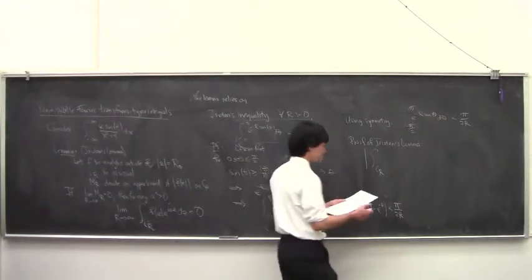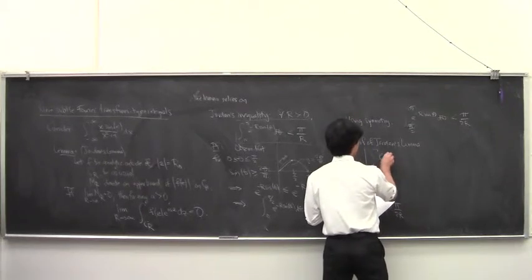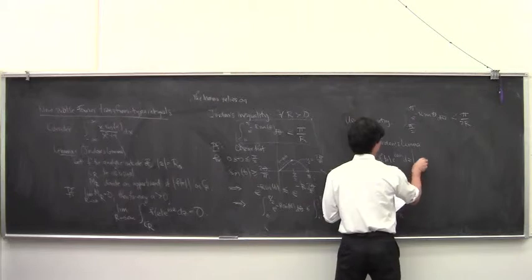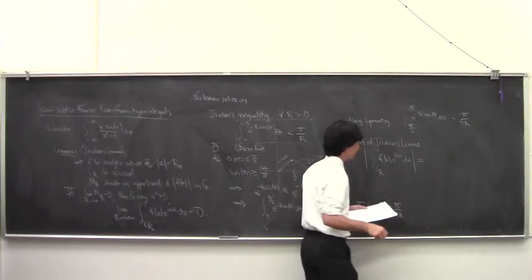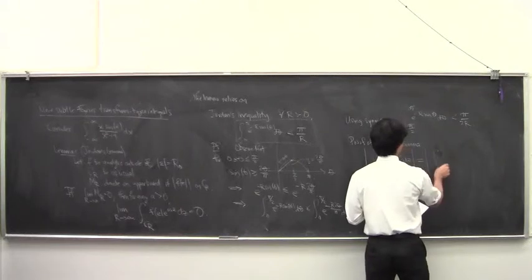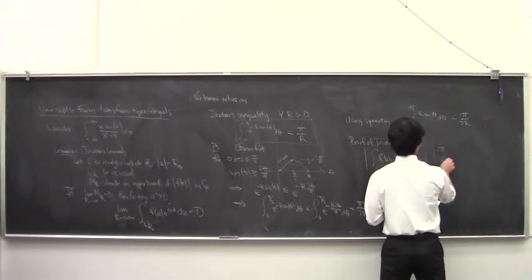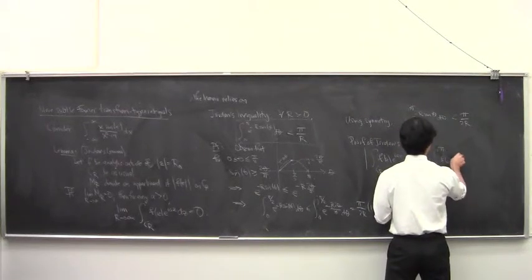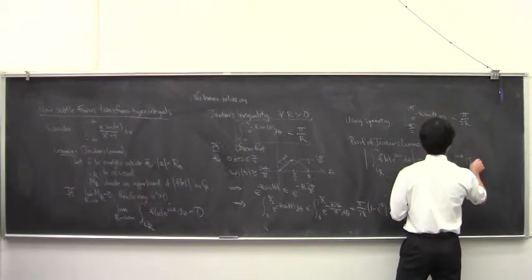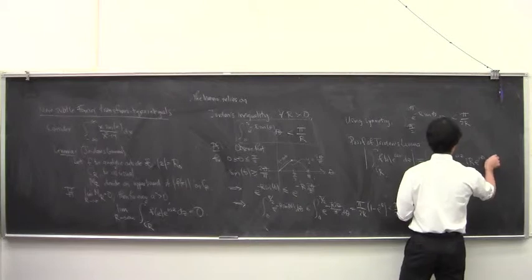So let's look at the magnitude. And let's just evaluate it. So this is going to be the integral from 0 to pi of f of z e to the i a z, i r e to the i theta d theta.